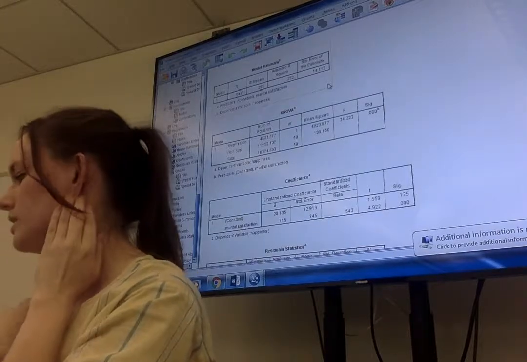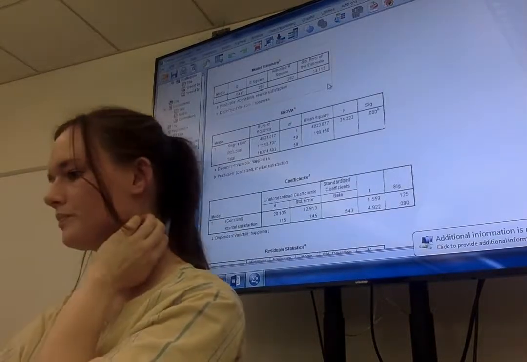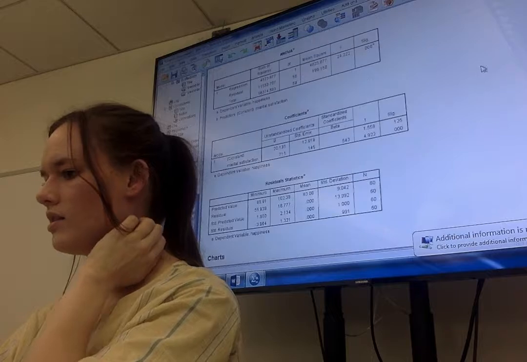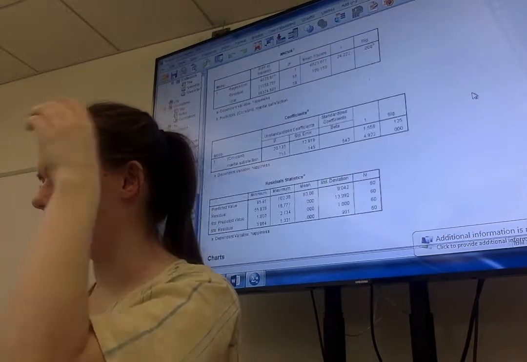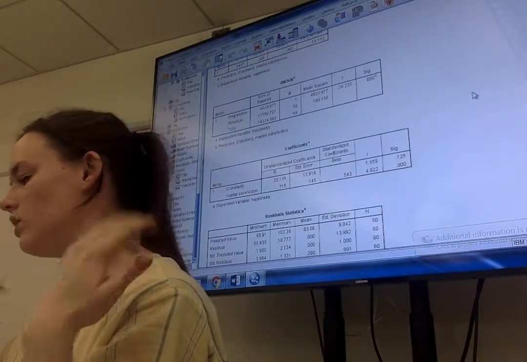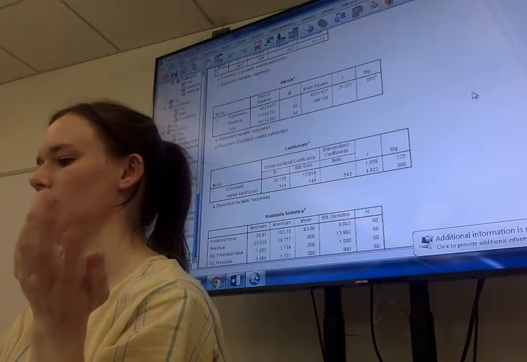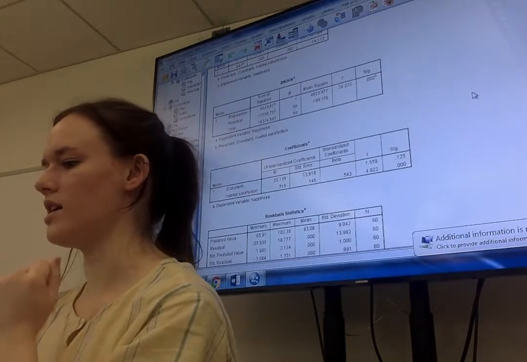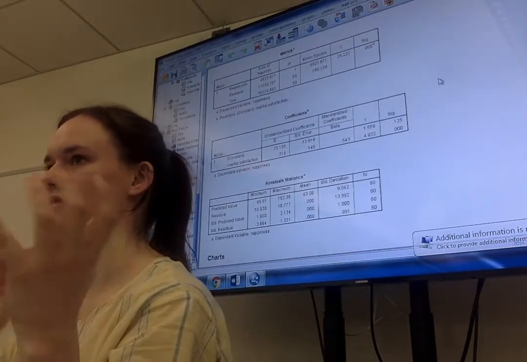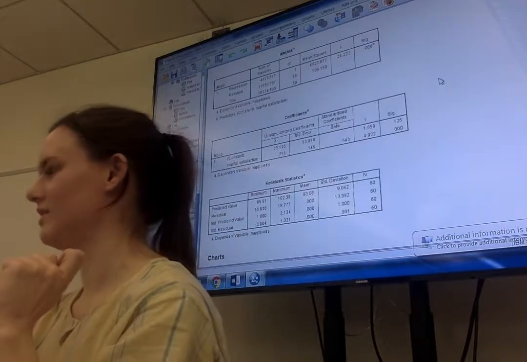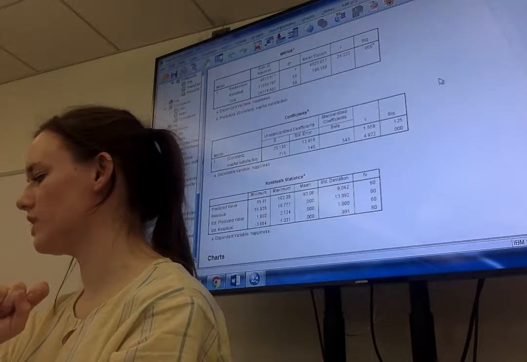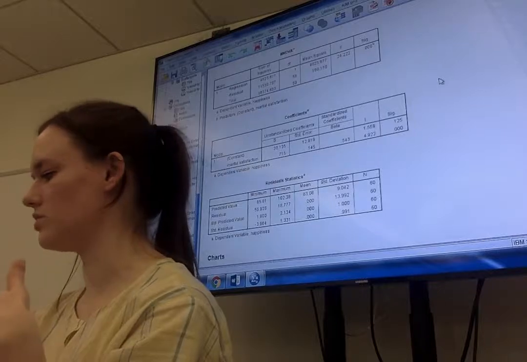So that's an important distinction between the two. And then for our regression equations, what does that look like? Anybody? So we have our non-standardized equation and then our standardized equation.